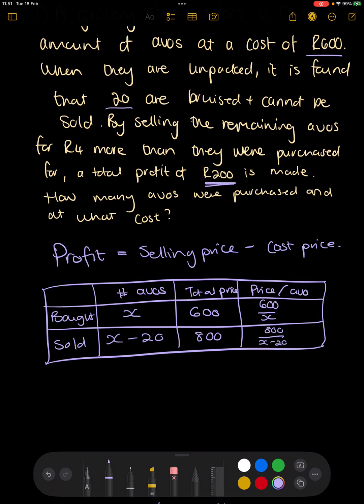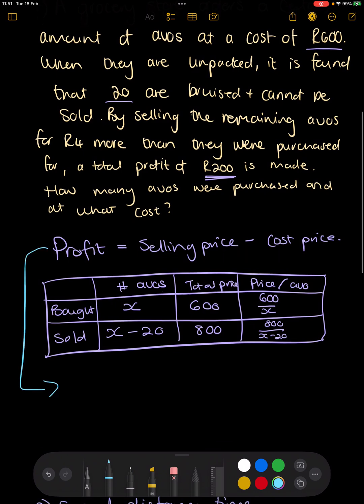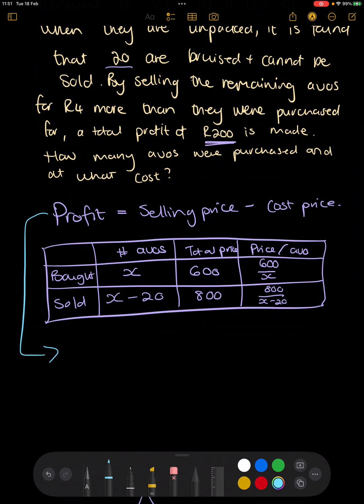Now I can go back to the formula and say my profit is going to be equal to the selling price minus the cost price. So now I can fill those things in. My profit was 4 Rand, because remember now we're working with the individual avos. So 4 Rand is equal to my selling price minus my cost price.